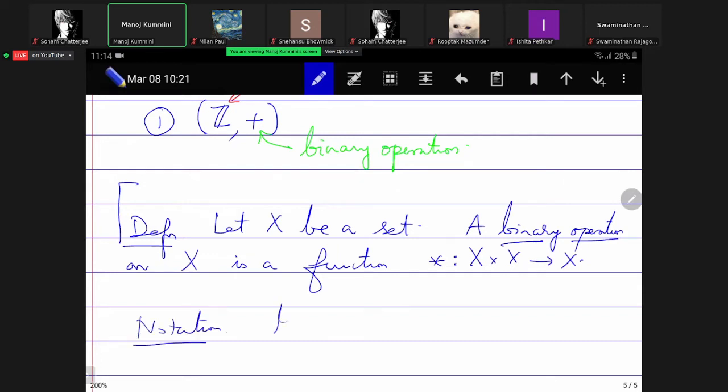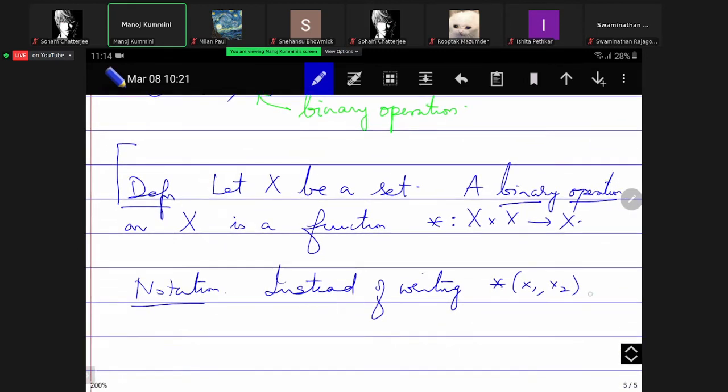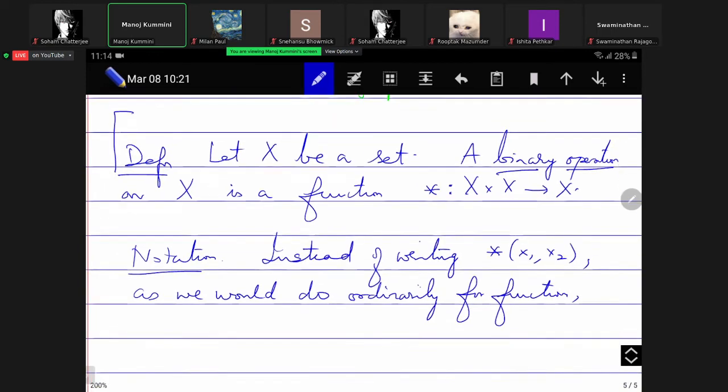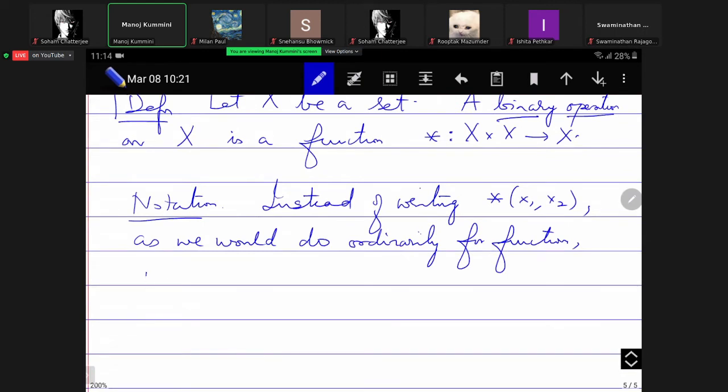Instead of writing star of some x1, x2, as we would ordinarily do for functions, we will do what is called the infix notation.